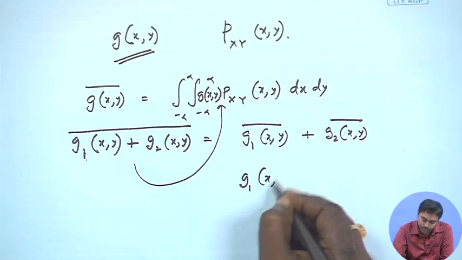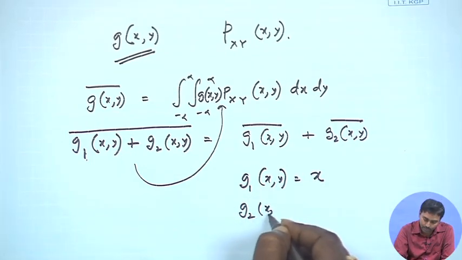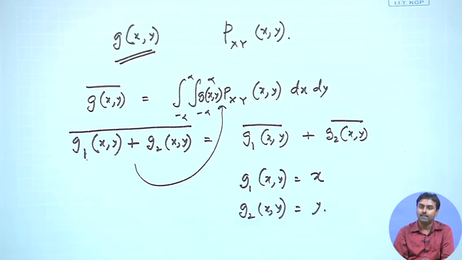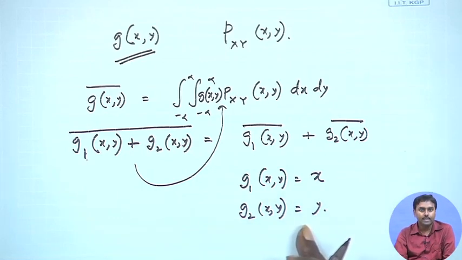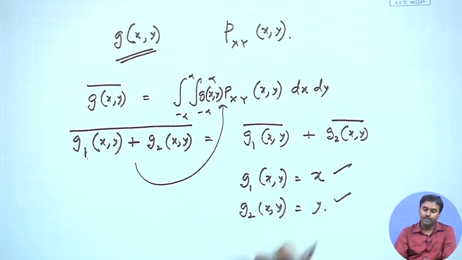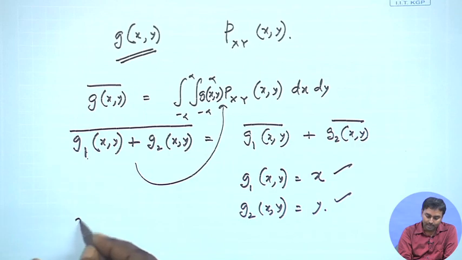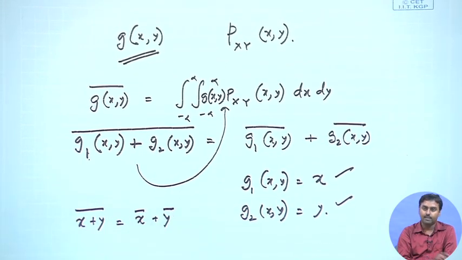Now I can just say that g1(x,y) is nothing but x and g2(x,y) is nothing but y. This functional mapping is always possible, where the first is a function of x and y but the y coefficient is always 0, and the second is also a function of x and y but the x coefficient is 0. This is a valid function. So (x plus y) bar is always x bar plus y bar.